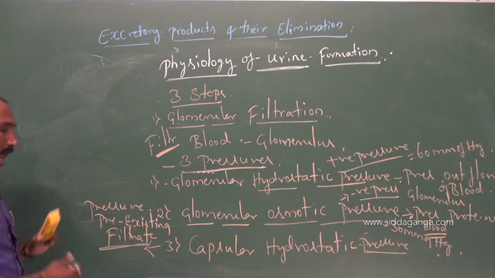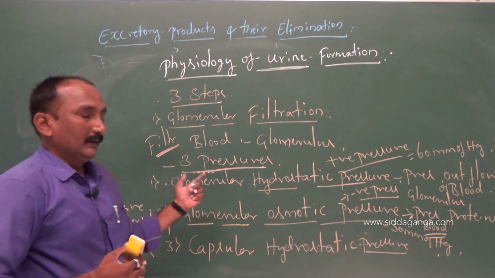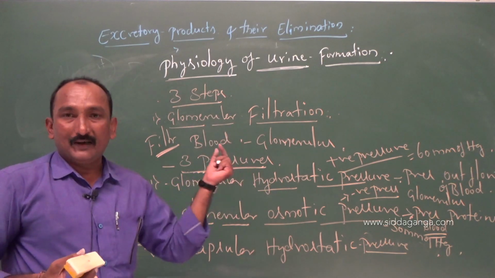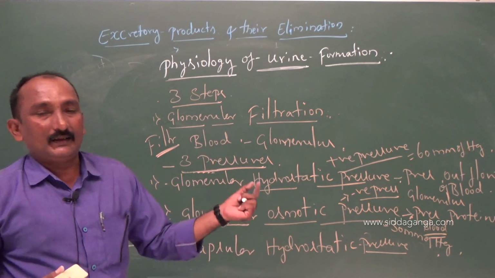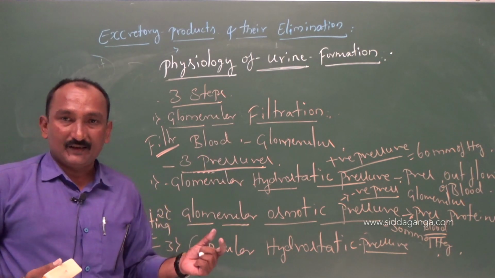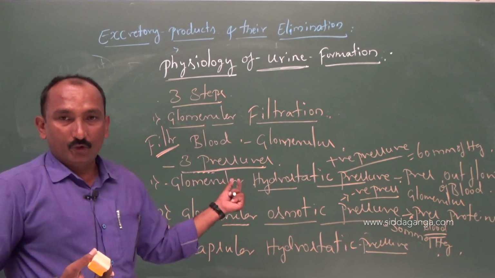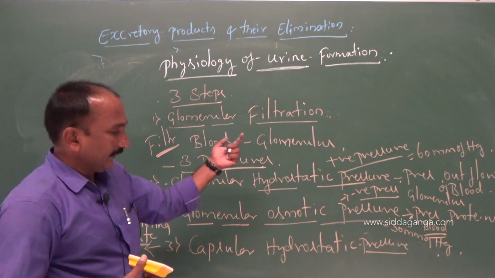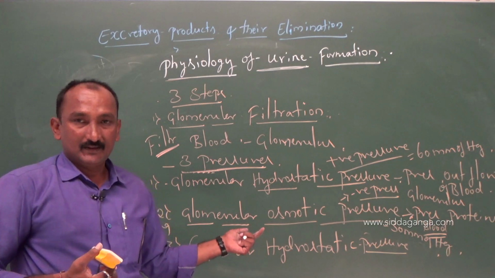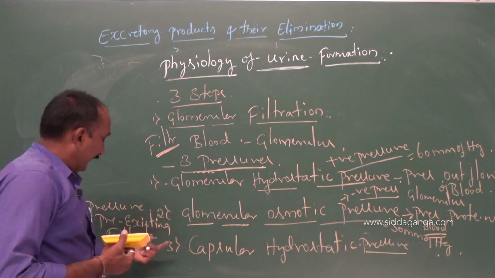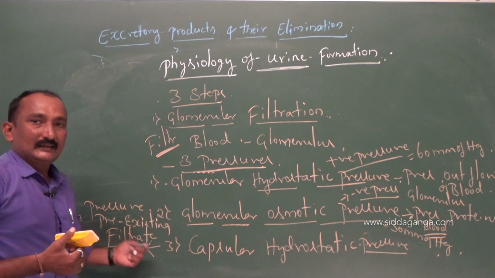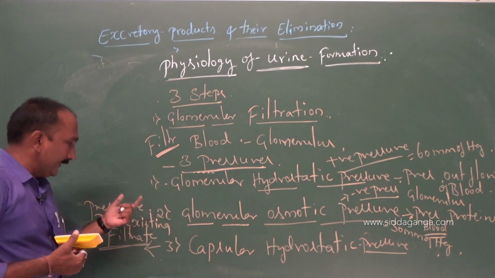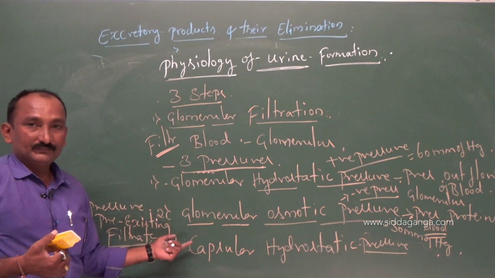Usually the Bowman's capsule along with the glomerulus we call a Malpighian body. That glomerulus has blood capillaries, and from that glomerulus, with the help of Bowman's capsule, the filtration of the blood takes place continuously. So pre-existing filtrate, once the filtration is done, some of the filtrate is retained in the Bowman's capsule.